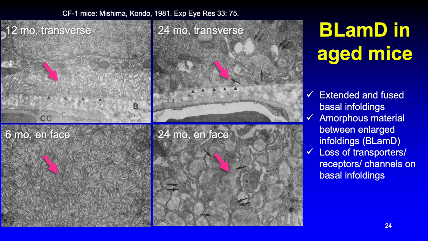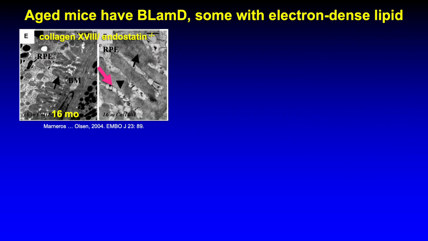This loss of membrane brings with it loss of transporters, receptors, and channels expected to impact RPE metabolism and ability to sustain photoreceptors. With this background in human pathology, it's possible to see similar phenomena in aged mice of different strains created by different manipulations, including diet. So BLamD in mice appears to be a marker of RPE stress.